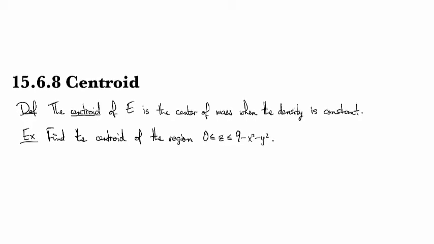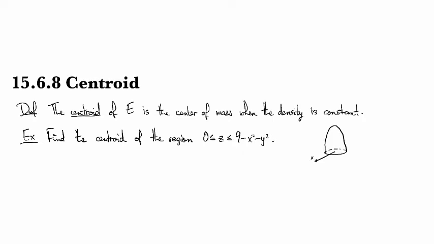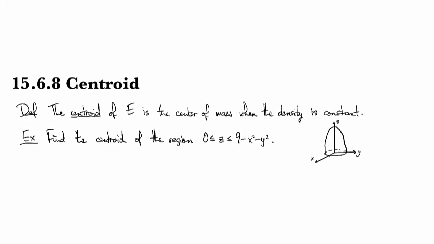So we sketch this guy out and find out that it looks like a downward opening paraboloid that hits the xy plane here in a disk of radius 3. Okay, so that's our guy.